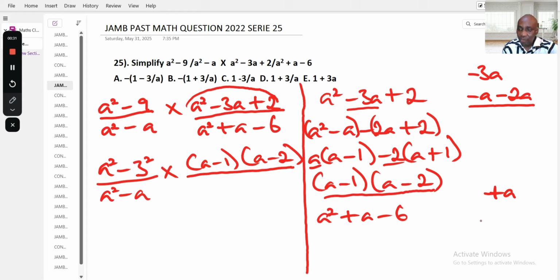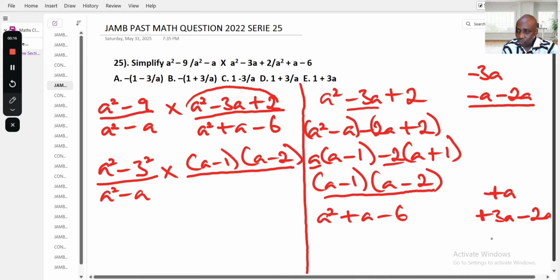We are going to have plus 3a minus 2a. When you see plus 3a minus 2a, because you have an excess of 3 now, when you pay out the 2 naira, you still have plus 1a, which is this one that we have.